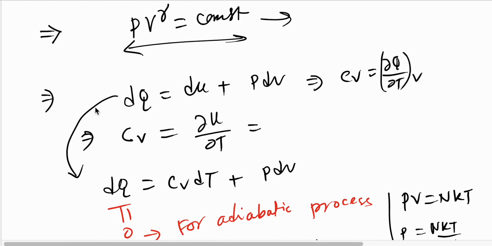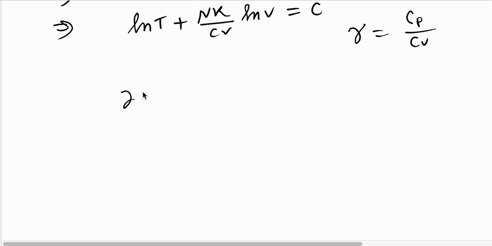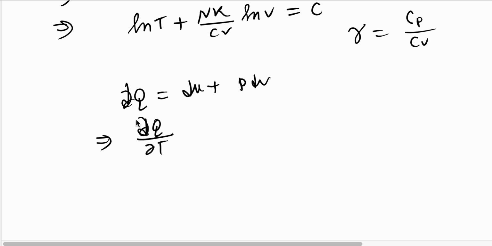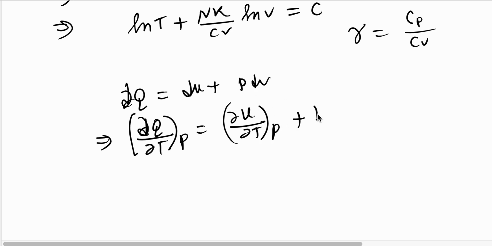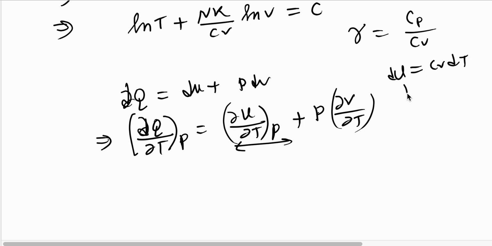So let's do it from here. We know that dQ equals dU plus P dV. If I take the derivative with respect to temperature at constant pressure, since we know that dU equals Cv dT, this dU does not depend on the pressure.